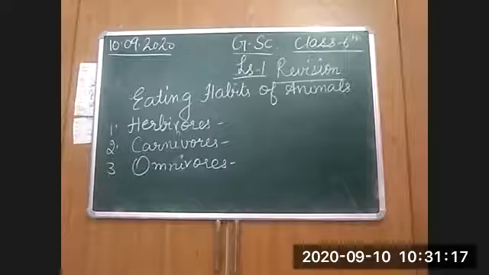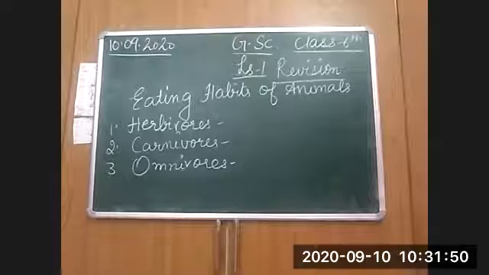Their tearing teeth are very strong, right? Examples are tiger, lion, snake, and wolf. You know, some birds are also flesh-eating birds. Birds also eat flesh, like vulture, eagle. So, to tear the flesh, they have strong claws, as well as their beak is hooked and sharp, right?